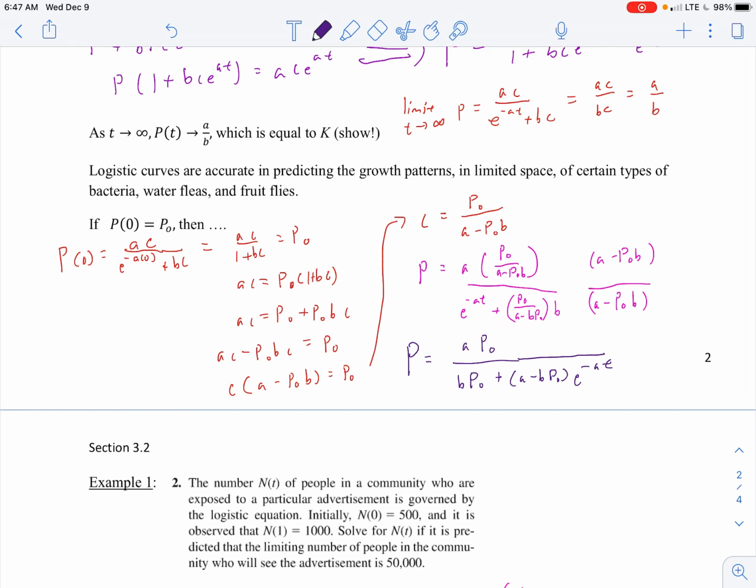And that is our logistic solution. All right, let me rewrite this P of t real quick.